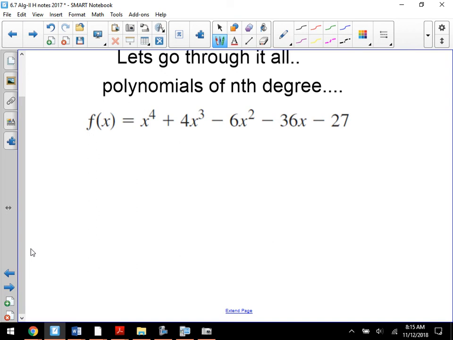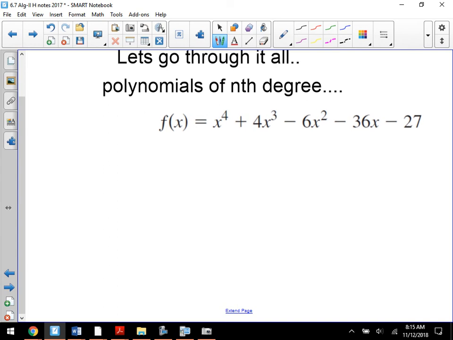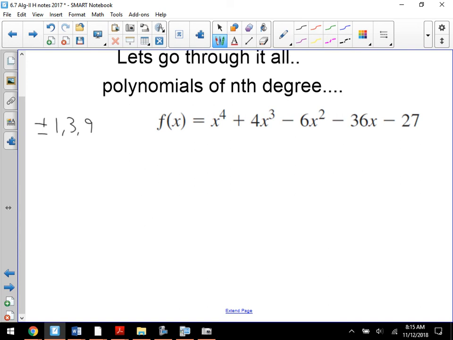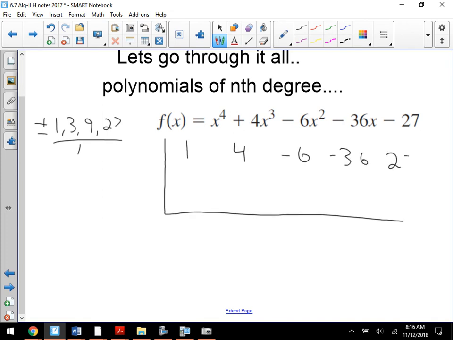What do you do to start searching for zeros? Synthetic division. What are your possible zeros? And then you just start fishing. You just start looking. 1, 4, -6, -36, and 27.